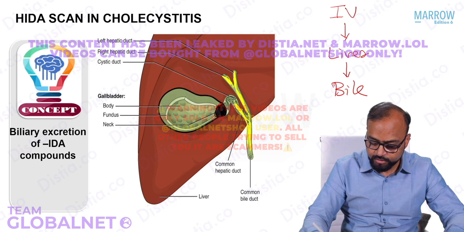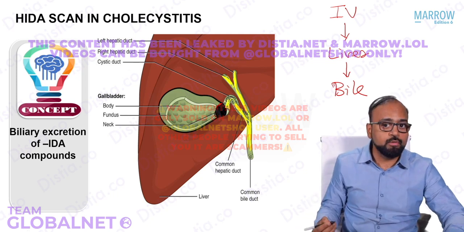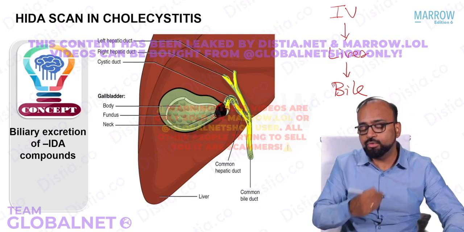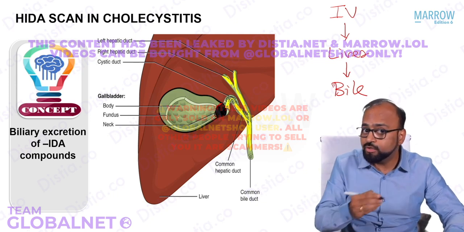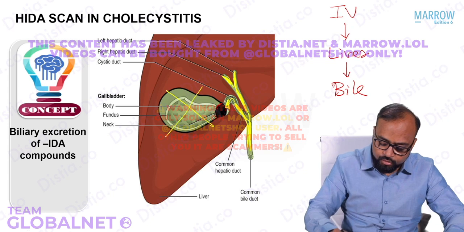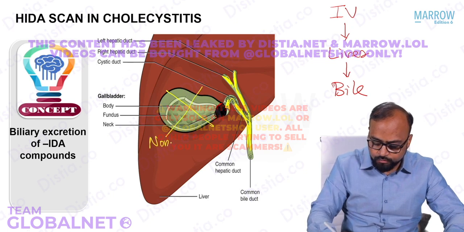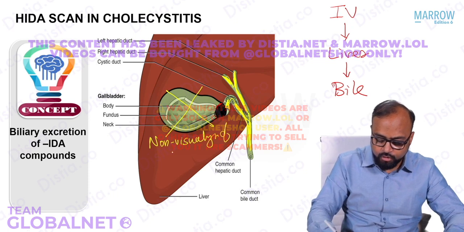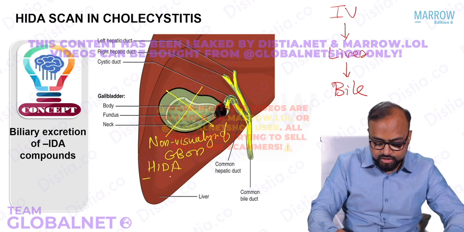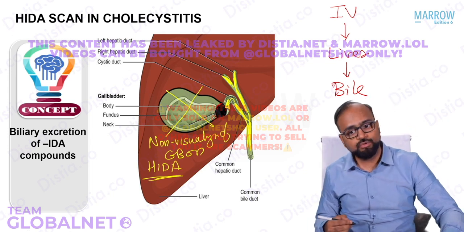But see, when it comes into the cystic duct, it comes here, but this stone is blocking the gallbladder. So will it be able to go into the gallbladder? No. So will you see the gallbladder? No. And therefore, this finding of non-visualization of gallbladder on a HIDA scan is suggestive of what? Is suggestive of acute cholecystitis.